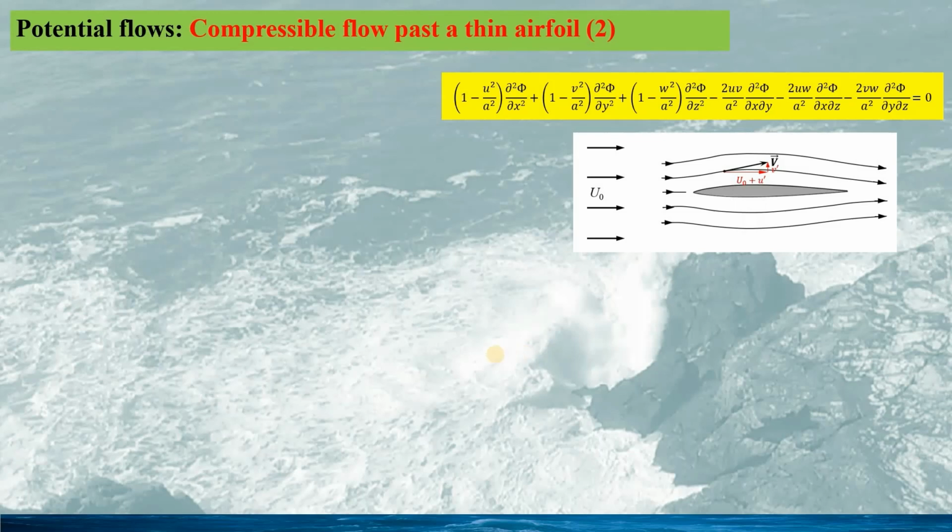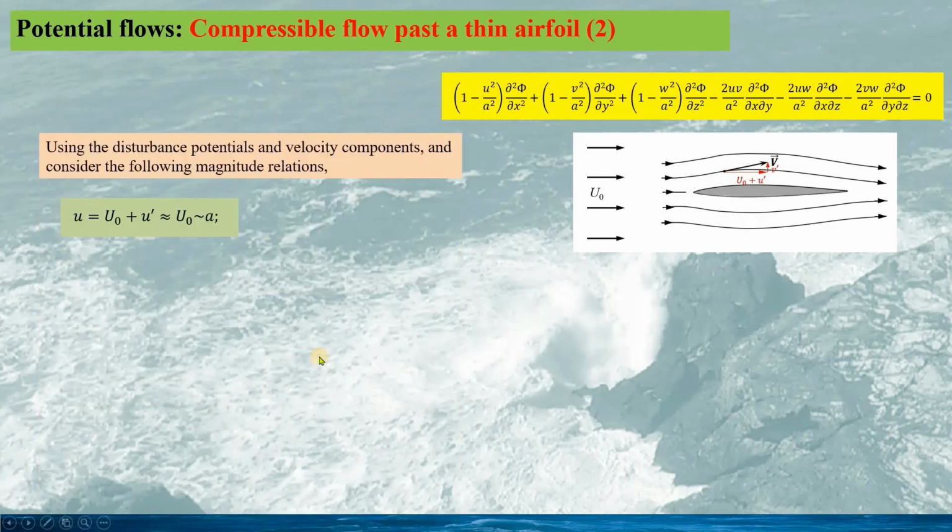To simplify the potential equation, we examine the magnitude of the velocity components. The velocity component along the x-axis, u, is given by u0 plus u prime, but the disturbance velocity u prime is much smaller than u0, which is comparable to the speed of sound a.